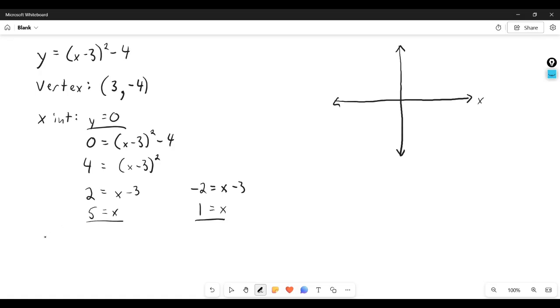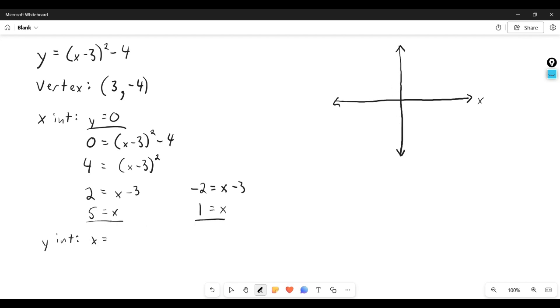All right, let's find that y-intercept. You know, where does it cross this y-axis? That's where x equals 0. So x equals 0 on the y-axis.